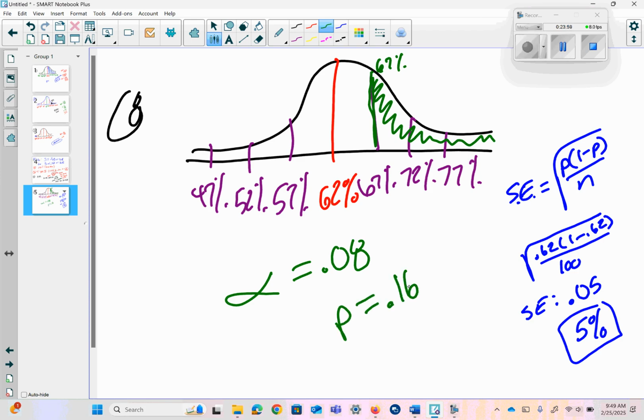0.16 is bigger than 0.08. Okay, so since we are bigger than that 0.08, that means that we fail to reject the null.